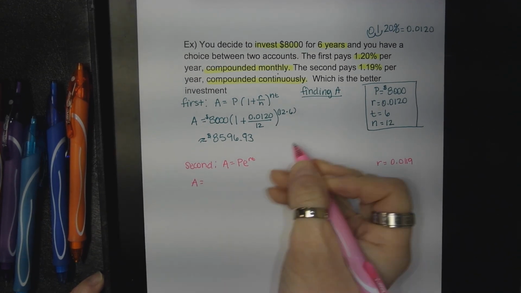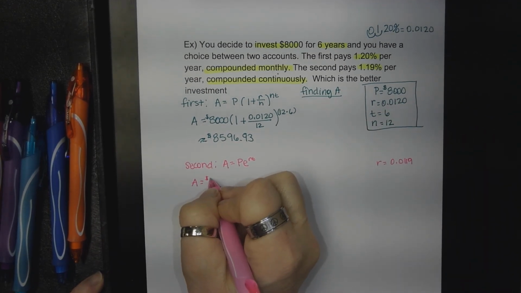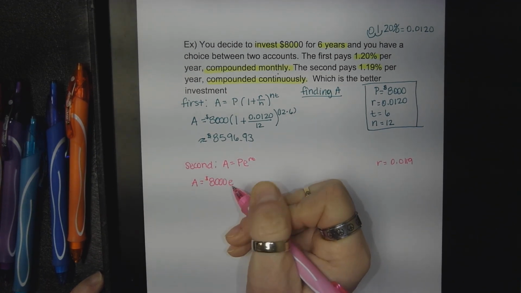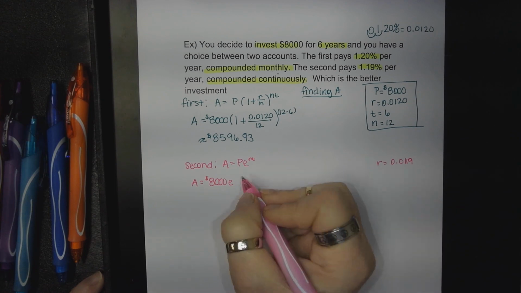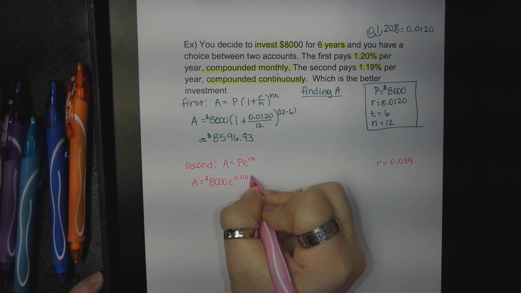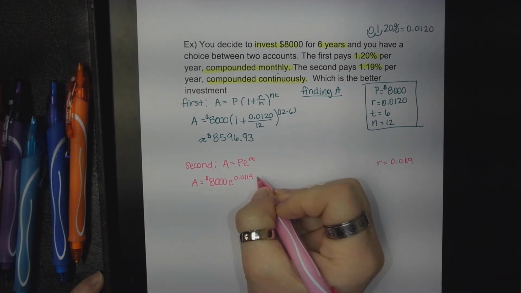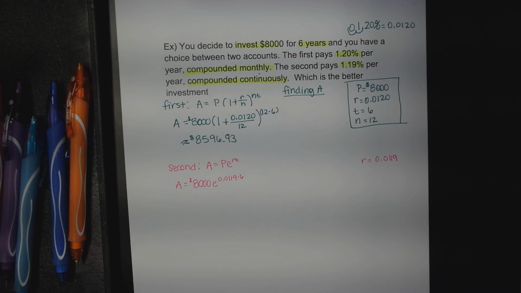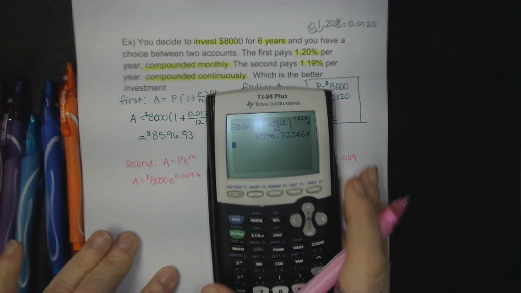A equals, our P is still $8,000. E is just a number, so it's just E. Our R now is 0.0119, and our T is the same, which is 6. Okay, so we put it in our calculator.